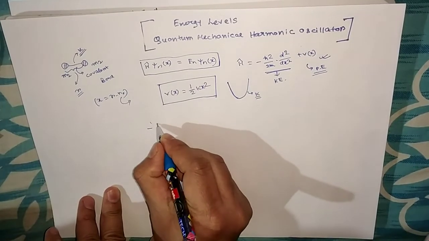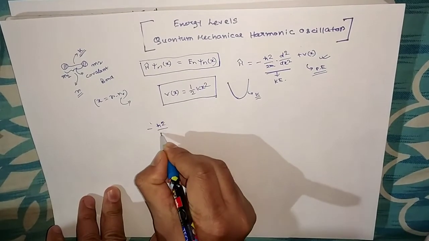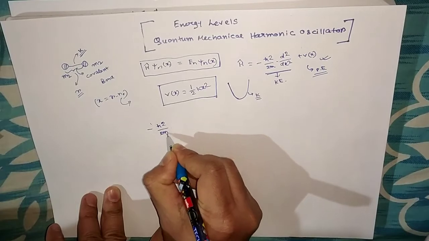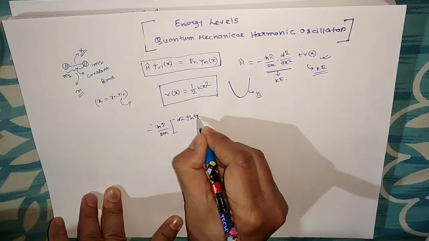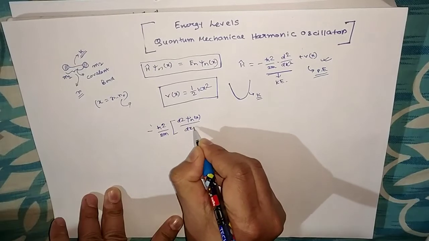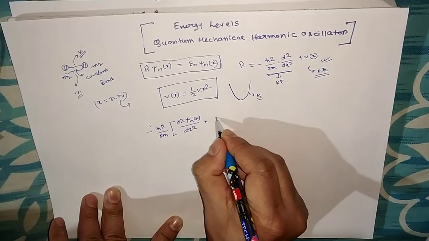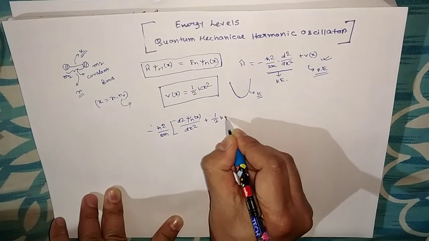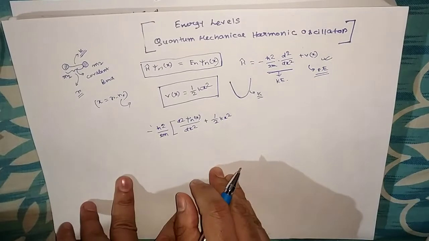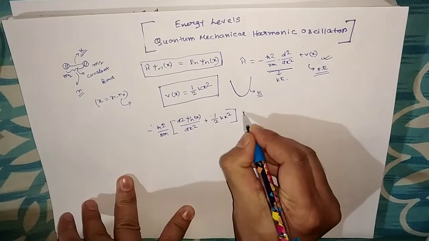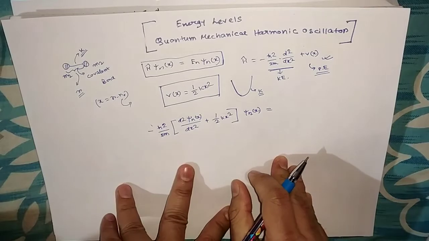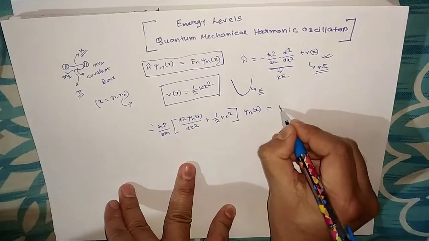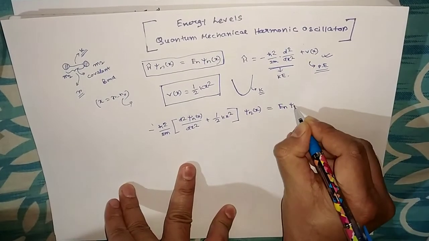Let us put in the Schrodinger's equation: minus h cross square by 2m into d2 psi n(x) by dx2, plus half k x square, that is the potential energy term, into psi n(x), is equal to En psi n(x).